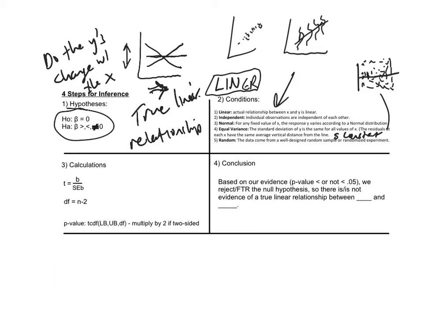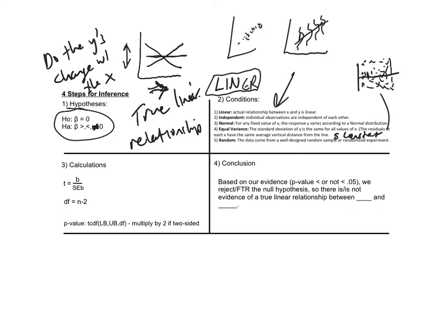The actual calculations themselves are pretty nice here. The test statistic is slope over standard error of the slope. Again, those two values you will typically get right off of your computer printout. Sometimes the computer printout will not give you the t, so you just have to take the b and SE of b, which will be given to you, and do that division.